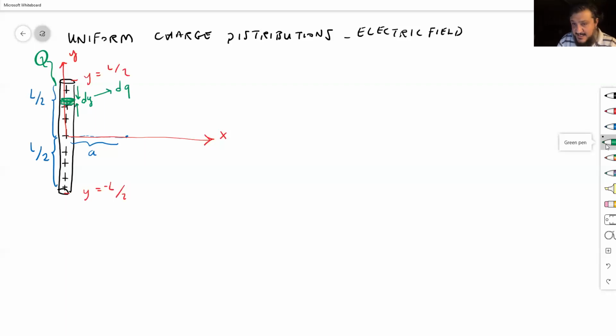And because of that dq, I will have an electric field at this point here. Now, to find the direction of the field only due to dq as a source, I have to combine this point and the observation point. And therefore, the electric field would be radially outward. Remember, that was the rule. So this is my electric field, just because of dq, and I can call it dE.